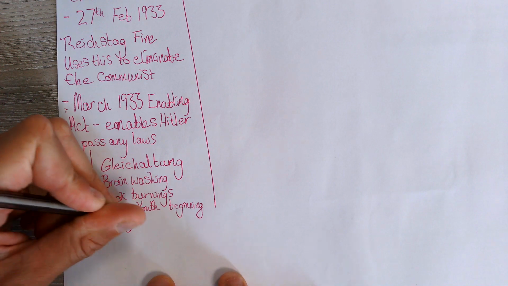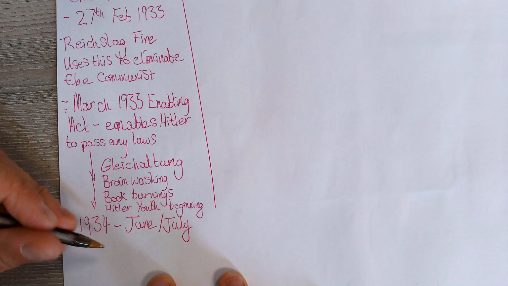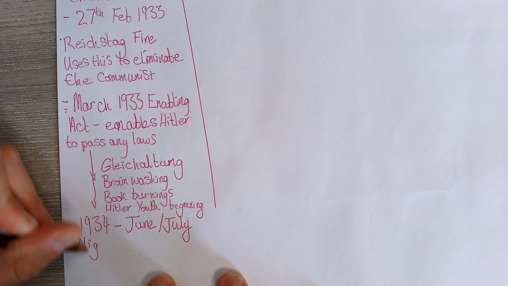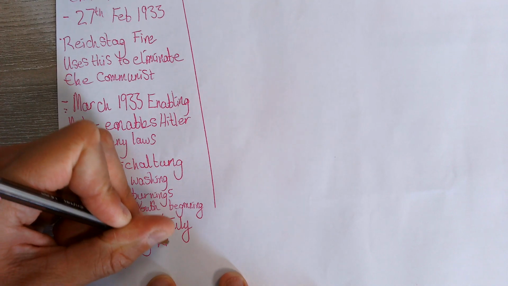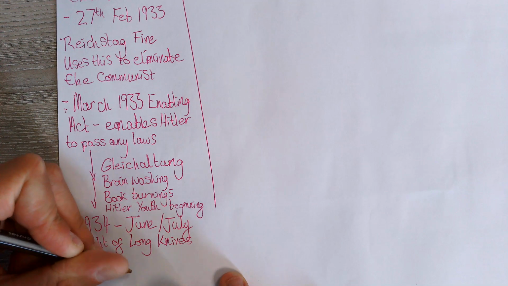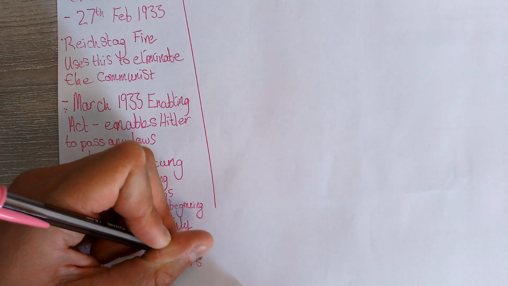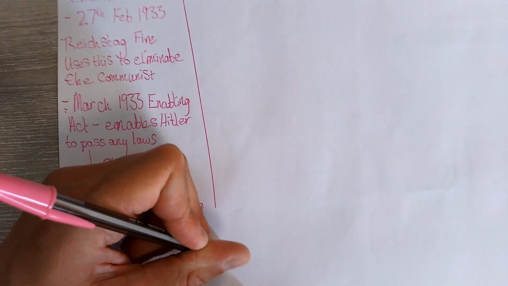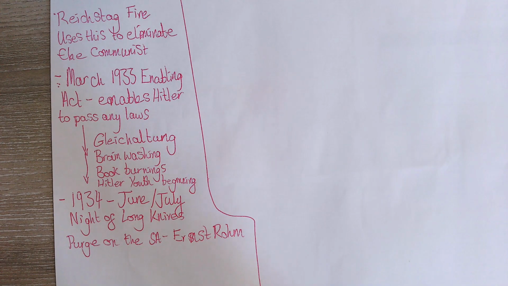So in 1934, in late June and early July, we see the Night of the Long Knives. Which is a purge on the SA, and Ernst Röhm specifically is killed along with hundreds, I think it's several hundred, 400-ish, other SA leaders and countless SA men.